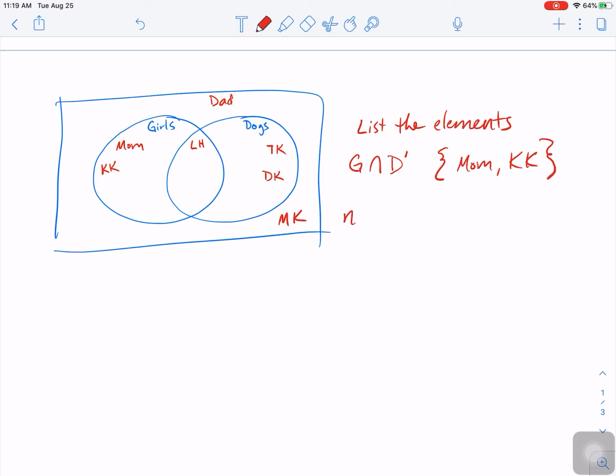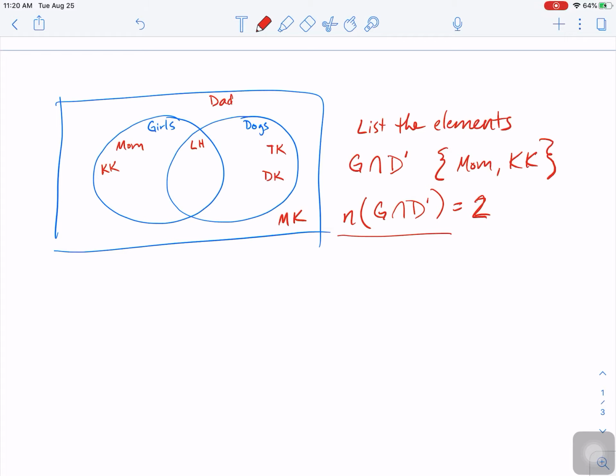If I say what's the number of elements in that, there are two elements. That's the difference between listing the elements and telling me the number of elements in a particular set.